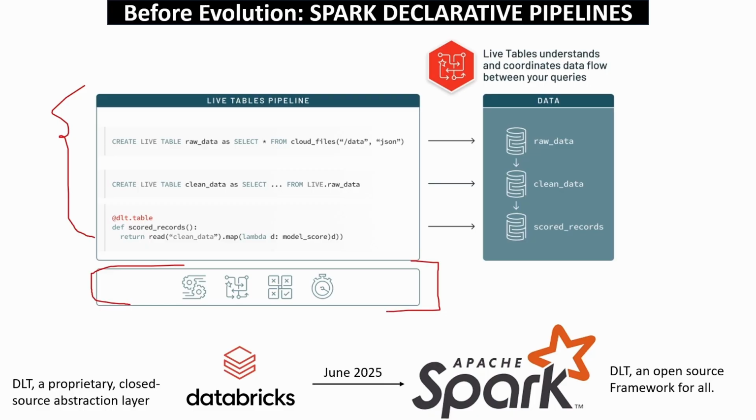When they made DLT an open source framework, that was a very, very big relief for a lot of data engineers, because some people really love using open source Apache Spark. Even till now, many people use open source Apache Spark. DLT being open source was a very, very big relief for everybody.